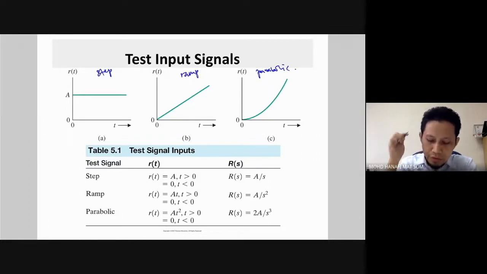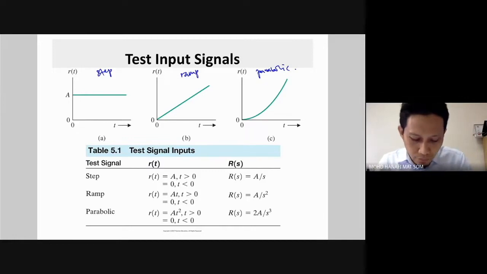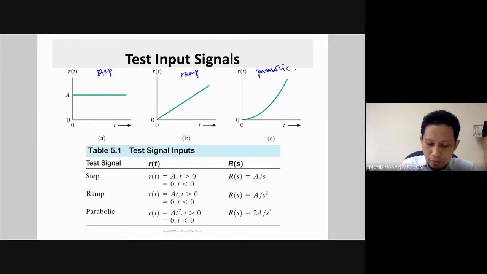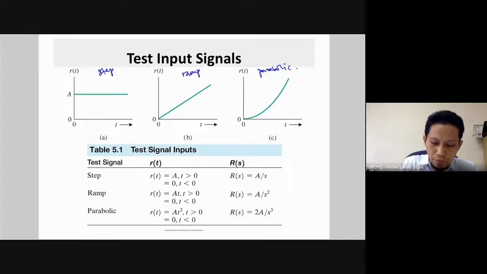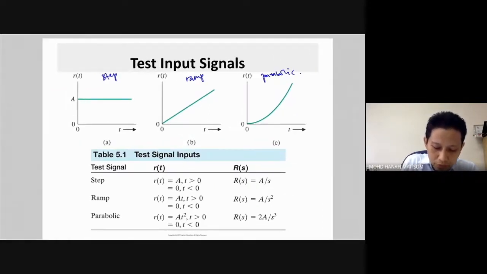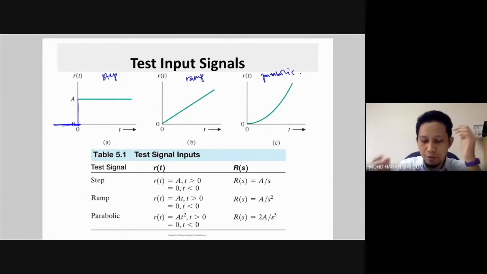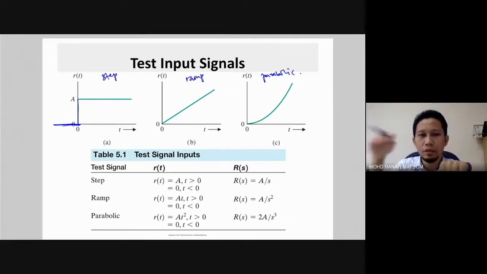So the step function is actually r(t) equals A for t greater than 0, and 0 for t less than 0. If you extend the plot, it becomes something like this. At 0, it becomes A, and then it's constant A regardless of the time.